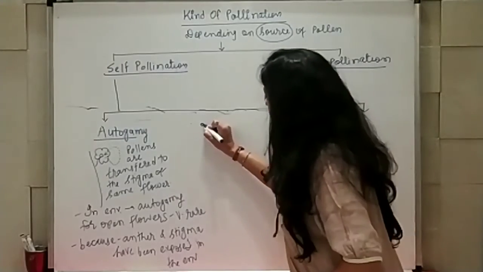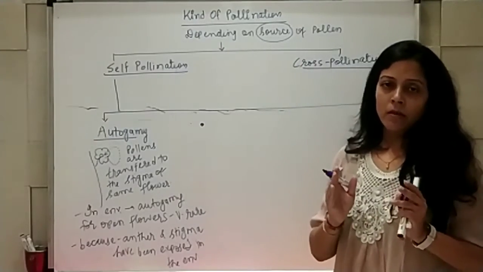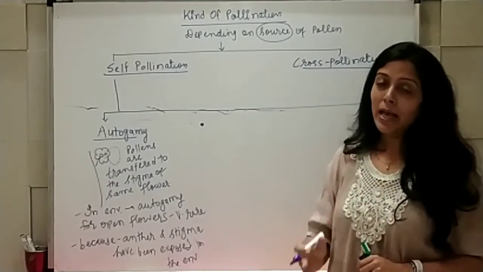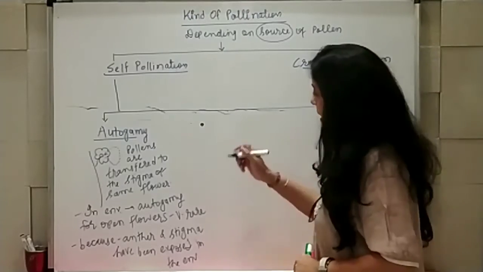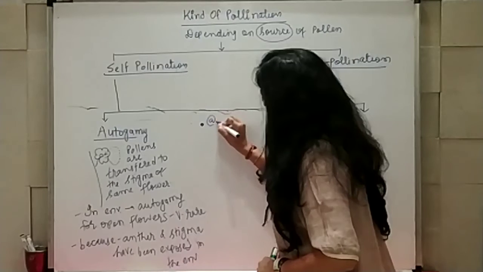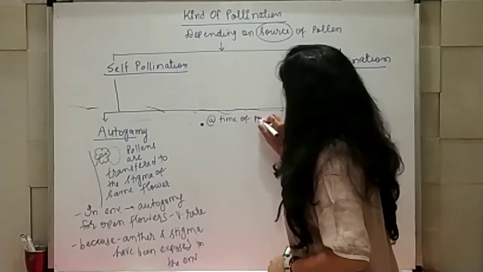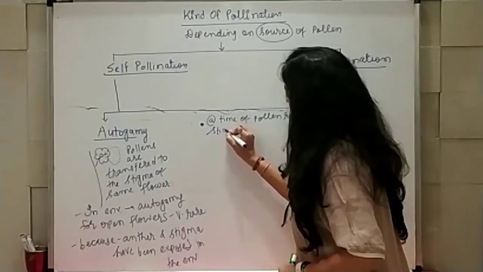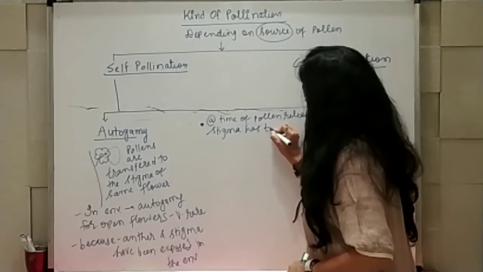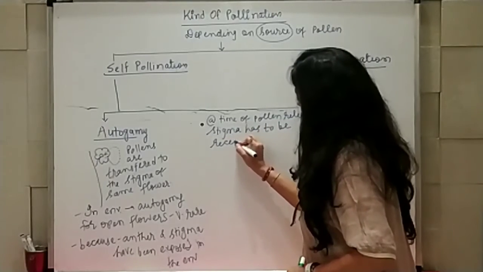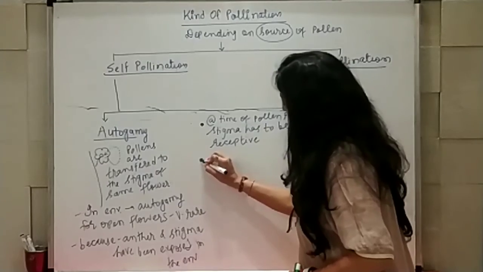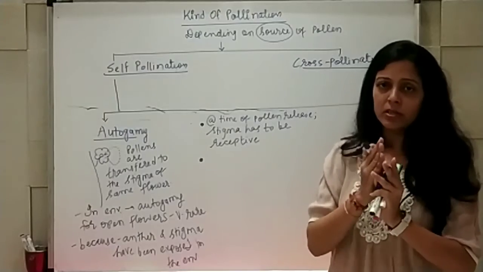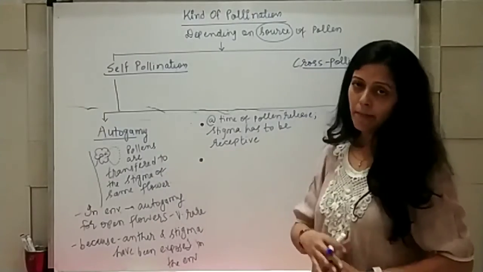That is, number one, when the pollens are released from anther, at the same time stigma has to be receptive. So again I can say that at time of pollen release, stigma has to be receptive. And second, that stamen and carpels are close enough to each other to bring this autogamy process.